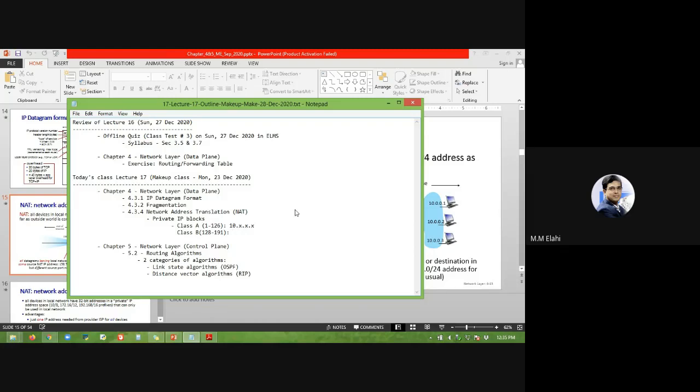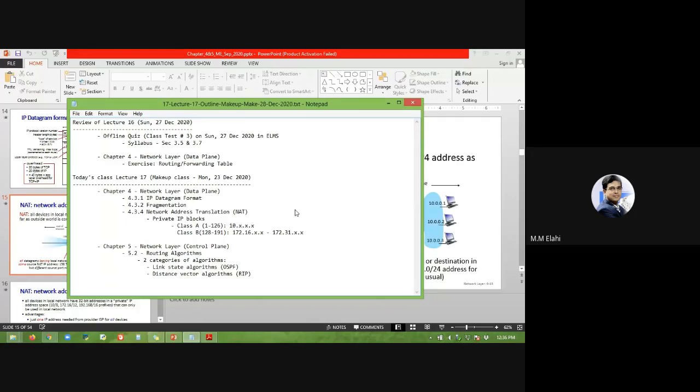So in class B, 128 to 191, there will be the block 172.16.x.x. x.x means anything. So first two octets are specified in this way. So 172.16 to 172.31 in class B is preserved for private IP. That means these blocks cannot be used in the internet, cannot be used by any public network.